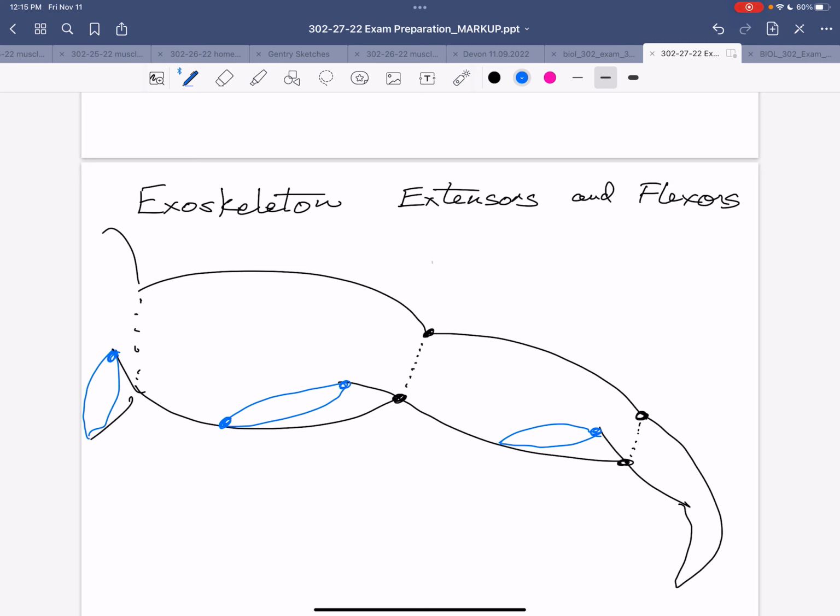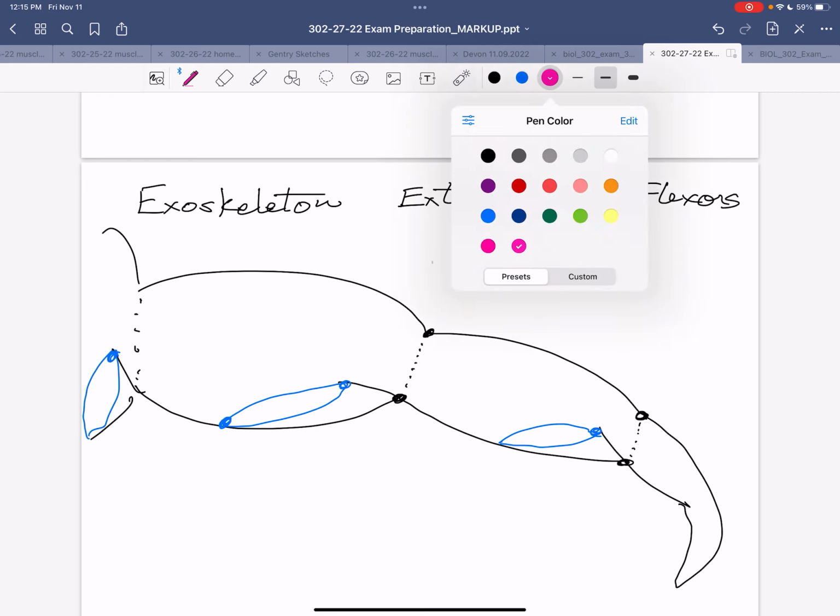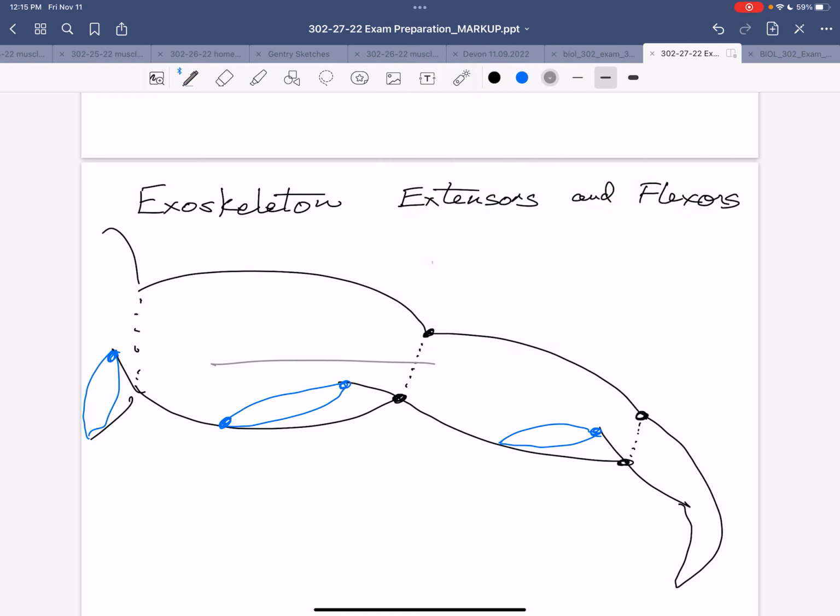They actually can be on the top or the bottom. The key is you have to understand these as lever systems. You don't want to look at this whole thing all at once. You want to pick out a particular one and look at it as a single lever system.